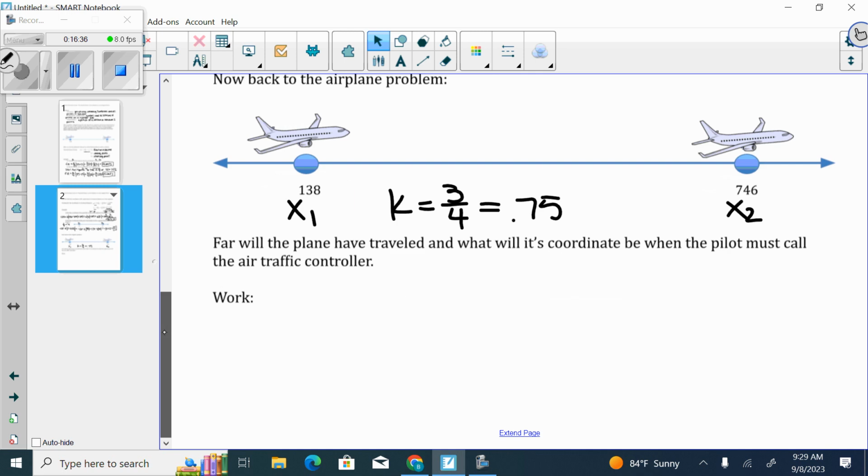Good. All right. So we're going to start with our fractional distance. So that's our k. So either 3/4 or 0.75, whichever you prefer to use, times the absolute value of x2 minus x1. And we simplify inside the absolute value first. So what do I get when I subtract those?